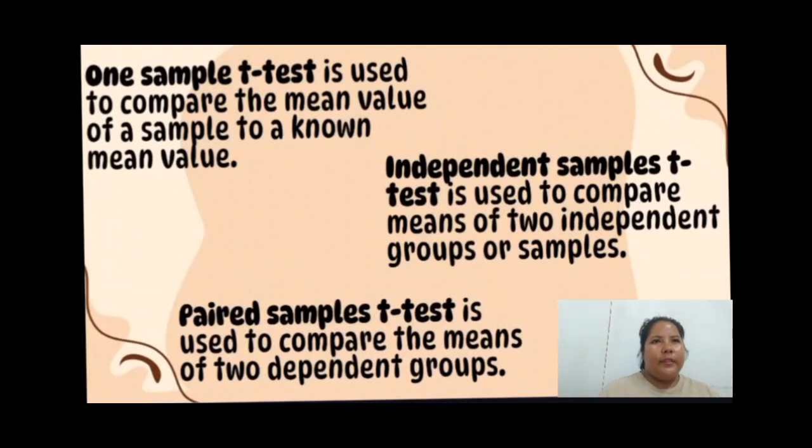So 30 people who want to diet are weighed before the diet, and the same 30 people are weighed after the diet. From there we can see if there is a significant difference in their weight compared to before. So that is the paired sample t-test.